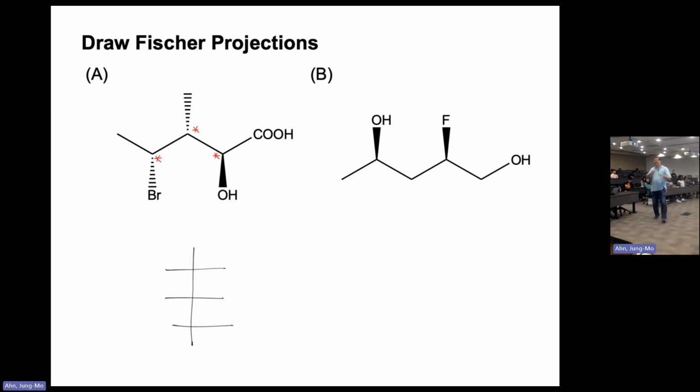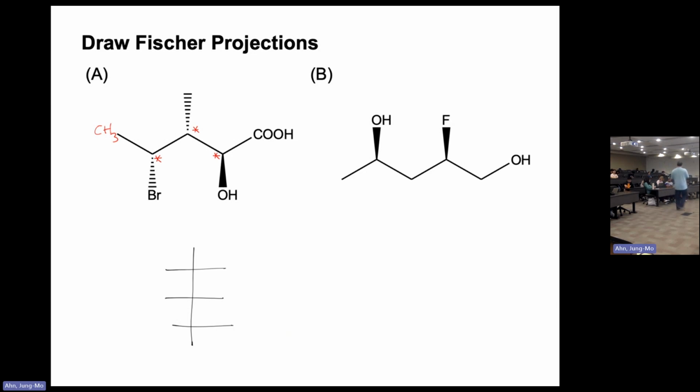You can draw it either way, but traditionally we put the more oxidized carbon on top. So we're talking about CH3 versus COOH. Which carbon is more oxidized?